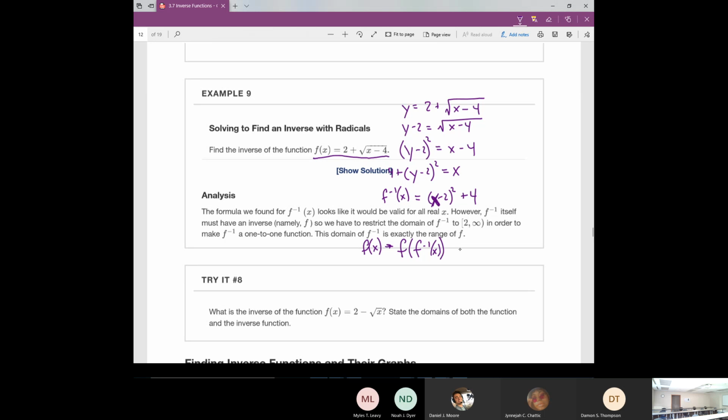Here's my inverse of the function, so I want f of x minus 2 squared plus 4. If I take that as his input, let's see what I get. His input goes into this. That means I get 2 plus the square root of x minus 2 squared plus 4.